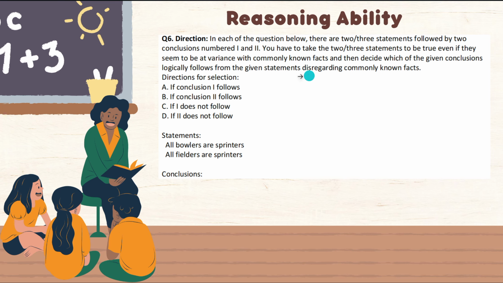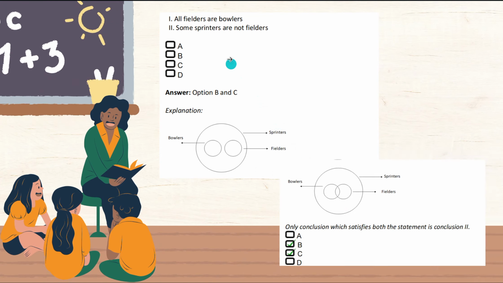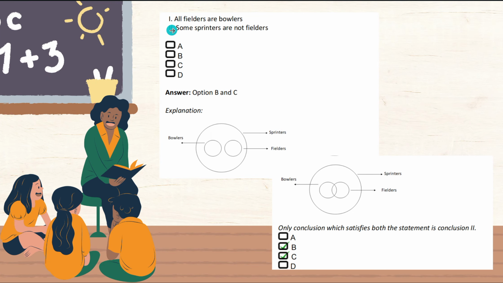If conclusion 1 follows, 2 follows. If 1 doesn't follow, 2 doesn't follow. All bowlers are sprinters, all fielders are sprinters. Let us see the conclusions: all fielders are bowlers, some sprinters are fielders.